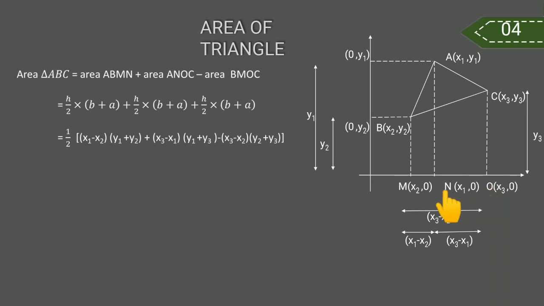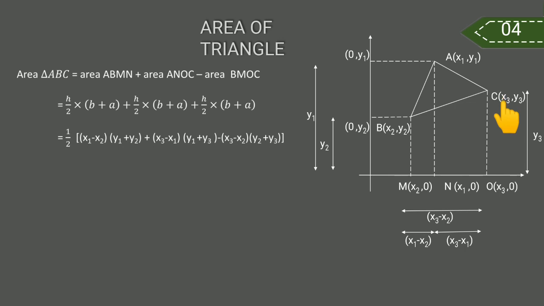So the distance between N and O is x3 minus x1. So here the height is x3 minus x1 and the sum of the parallel sides, that means AN is y1 and CO is y3.